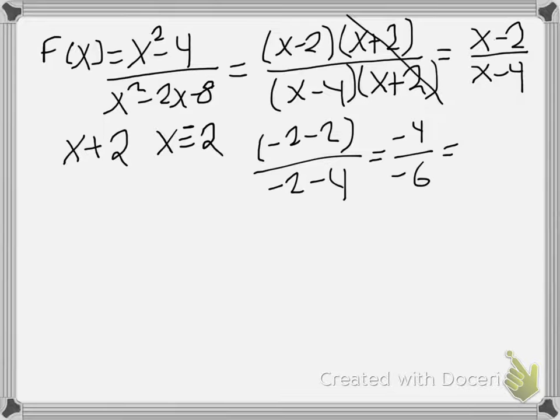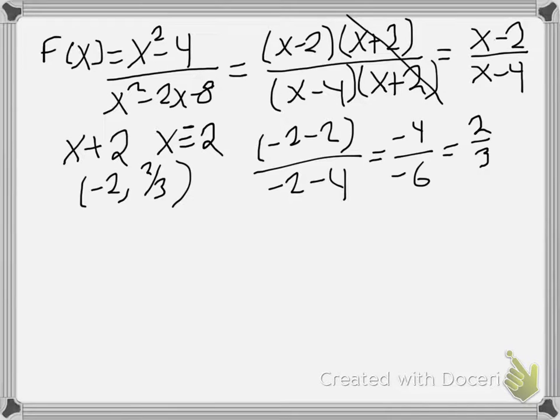So we have a hole at the point negative 2, comma, 2/3. You always want to take the common factor, pretend it was equal to 0, solve it for x, and get x equals negative 2. Then we plug it back into the part that remains after you cancel out the common factor, ignoring the x plus 2 divided by x plus 2.